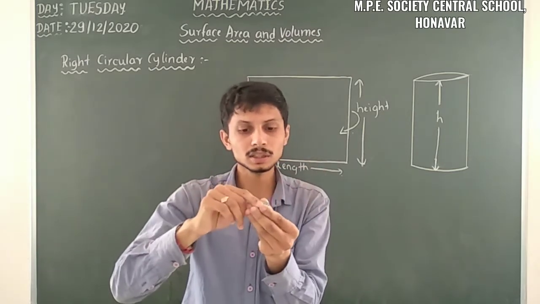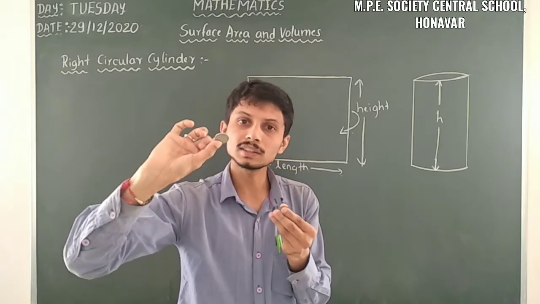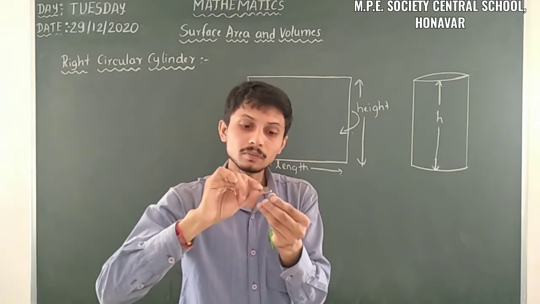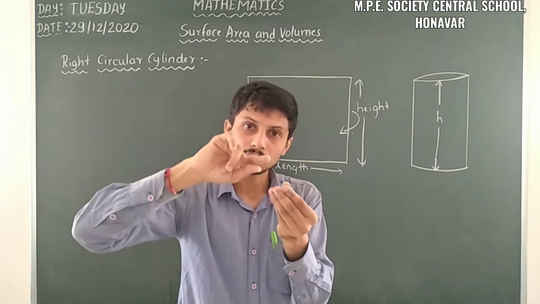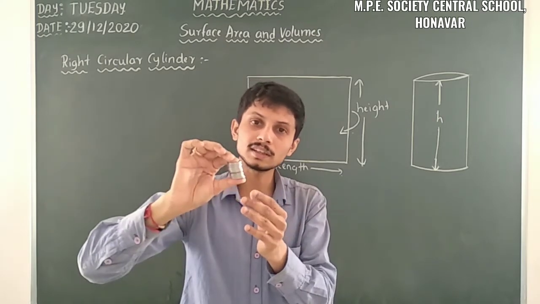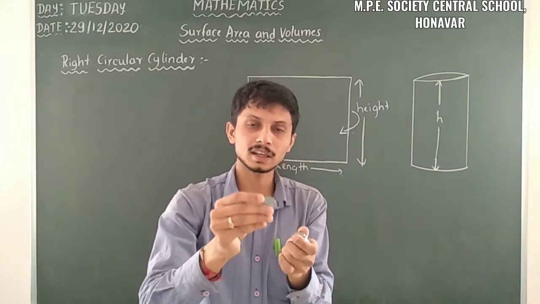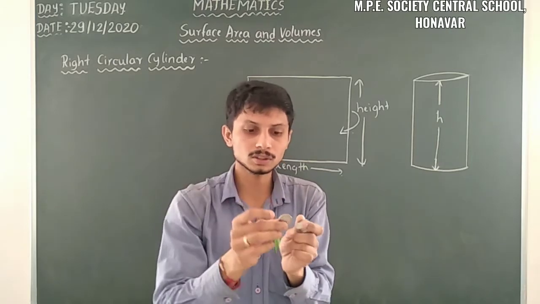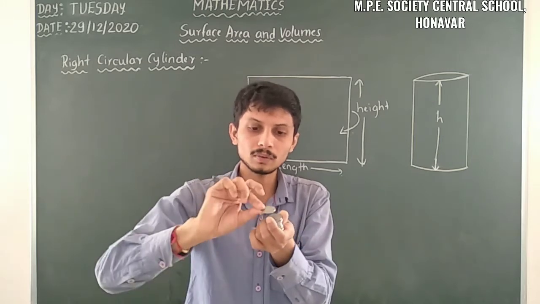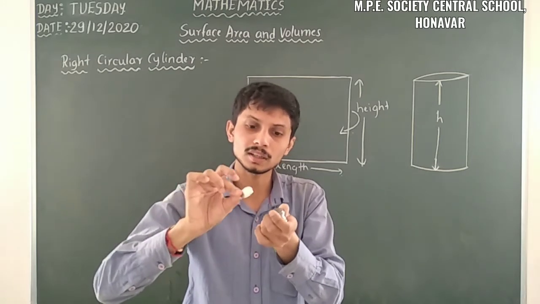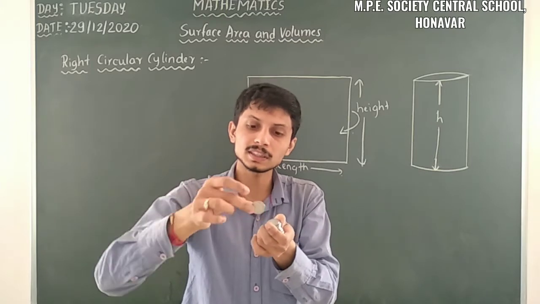Each coin is circular in shape. But when we construct the cylinder, the inner surface area does not matter. When we place each coin one above the other, the inner surface area overlaps.